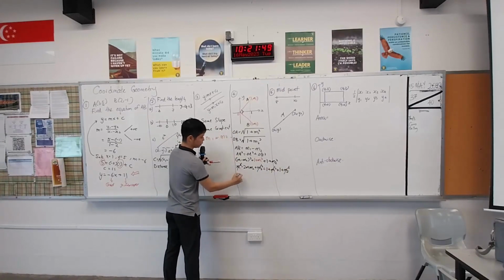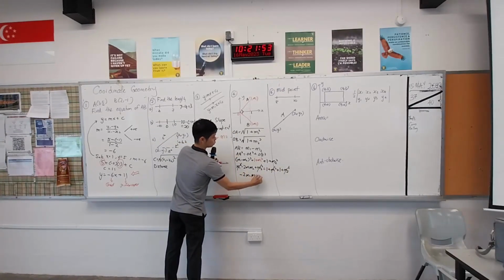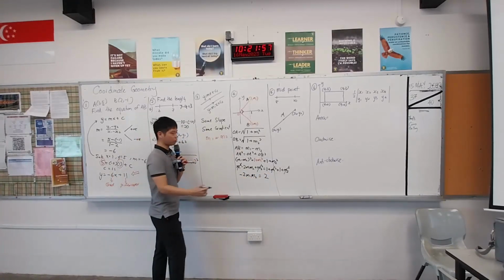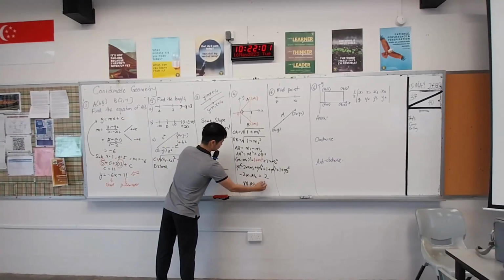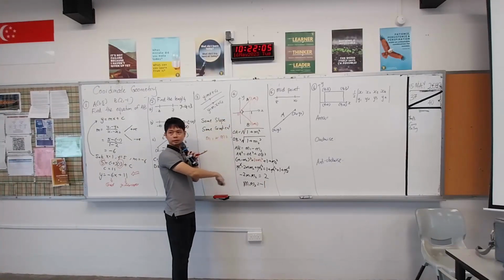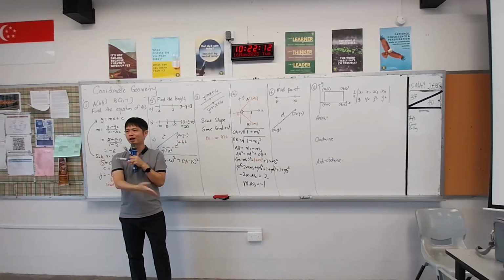What will be left is negative 2 M1 M2 equals positive 2. And the final conclusion is hence M1 M2 is negative 1. When the lines are perpendicular, the product of the gradients equals negative 1, proven. Okay, your job is just to remember M1 M2 is negative 1 basically.